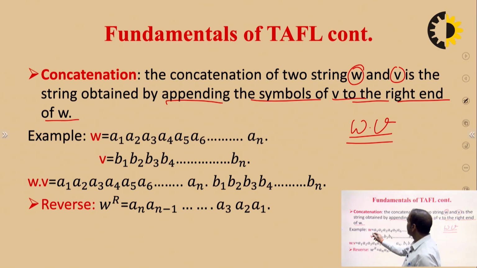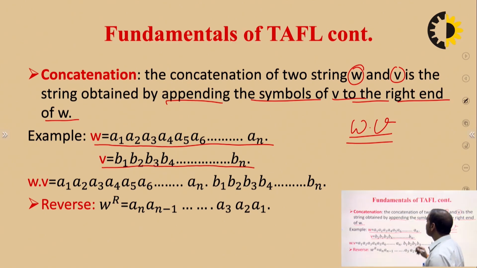Here W equals A1, A2, A3 up to AN, and V equals B1, B2, B3, B4 up to BN.